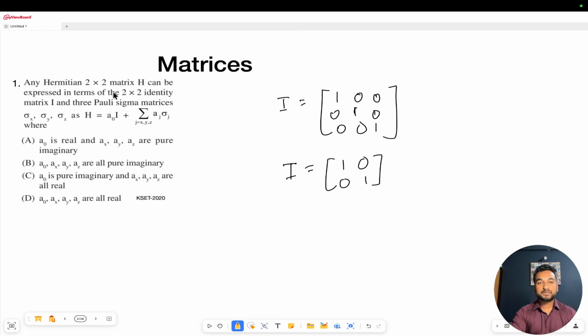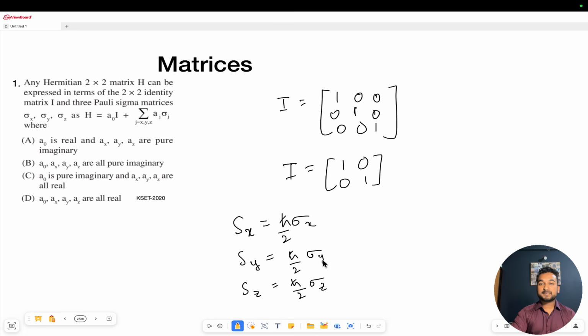Any Hermitian 2 cross 2 matrix H can be expressed in terms of the 2 cross 2 identity matrix and 3 Pauli sigma matrices. When you study quantum mechanics, you will know that the spin angular momentum, spin being a physical quantity, Sx, Sy, Sz are h cut by 2 sigma x, h cut by 2 sigma y and h cut by 2 sigma z, where sigma x, sigma y and sigma z are your Pauli matrices.